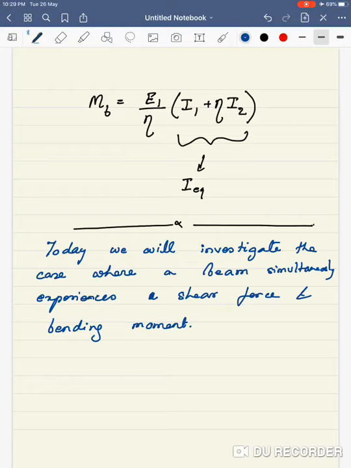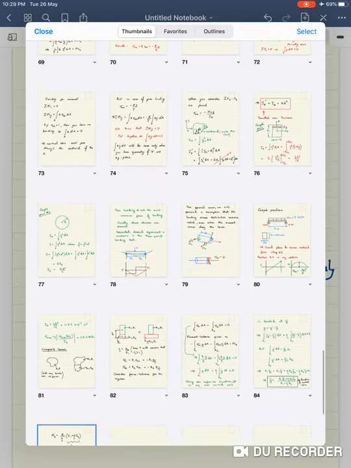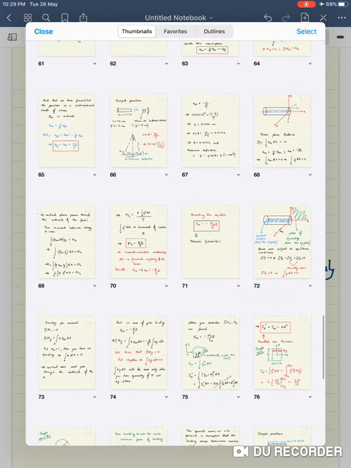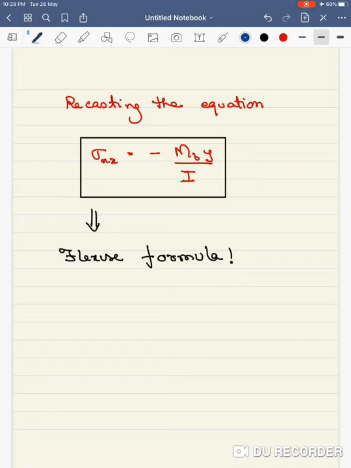One of the foremost assumptions that we are going to make will be that the equation where we discussed the flexure formula will remain valid even in this case. So remember, when we were discussing this particular formula, the flexure formula, we had made the explicit assumption that V was 0, and this was very important in the derivation of the result.